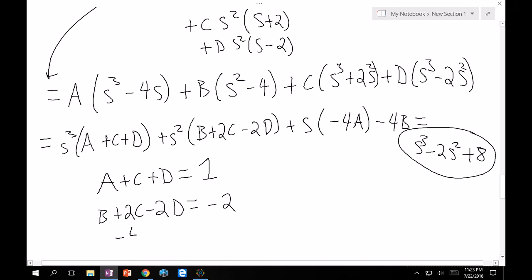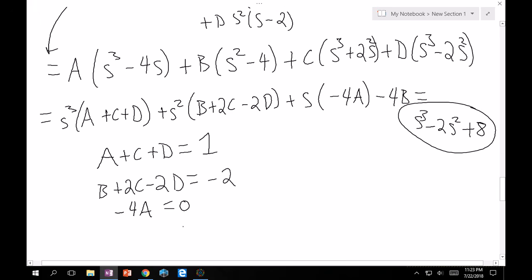There is no s on the right-hand side, which means that it has to be equal to 0. And then, let's scroll down a little bit, minus 4b, by itself has to equal that constant term, 8. Great, so these bottom two are fairly obvious. This means that a is equal to 0, and this one means that b is equal to -2.